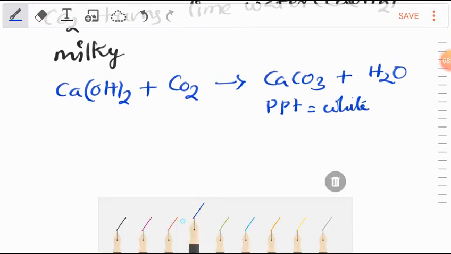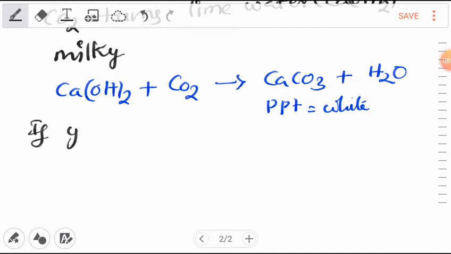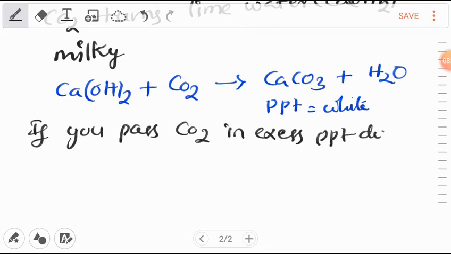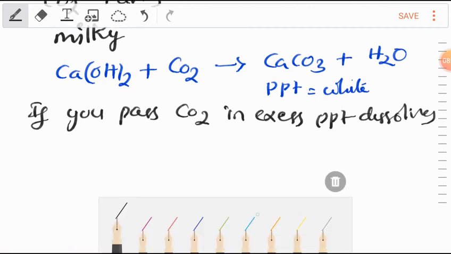And if you pass carbon dioxide in excess, what will happen? The PPT dissolves in excess CO2. What is the chemical reaction? It will form bicarbonate.